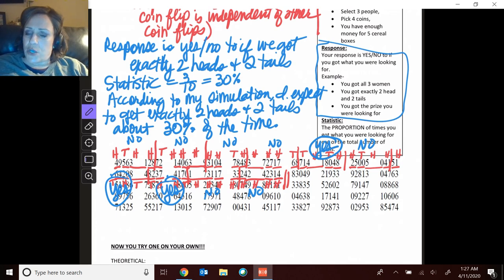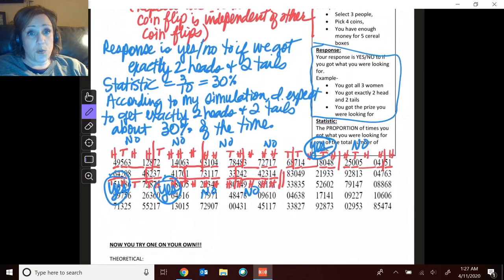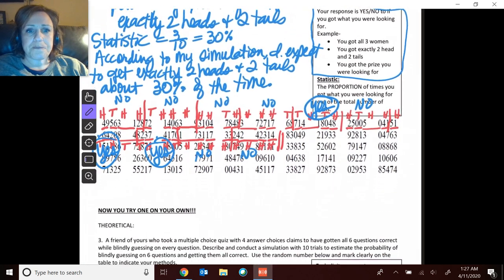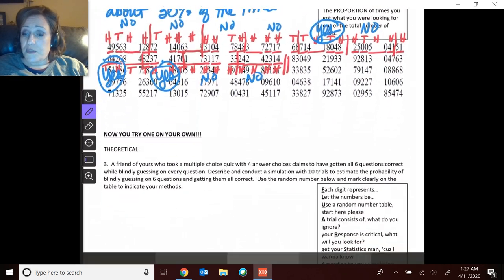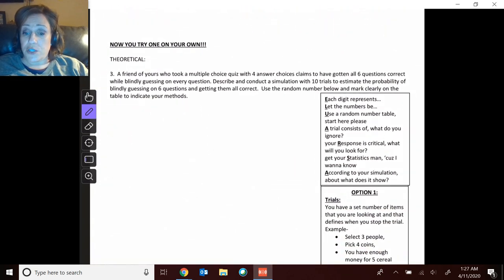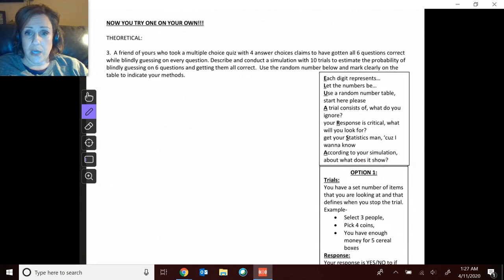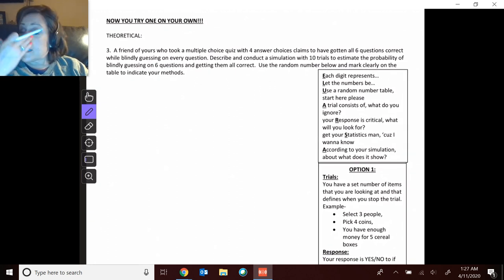All right, and that finishes out that simulation. Okay, so there are 2 that are these estimating the probability simulations. And so now to finish this out, you're going to do the other one on your own. Okay, so this assignment that gets submitted to Canvas needs to have the 2 notes done of the example that I have here, plus this one here that you have, number 3.